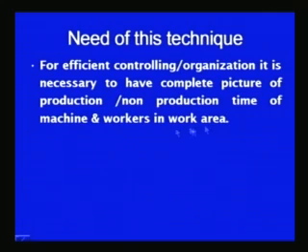To have the complete picture of the production time and non production time of the machines and workers in the work area, it is necessary to have a proper study of the shop floor, so that the operation of the shop floor can be properly controlled and the required output can be obtained as per plan.